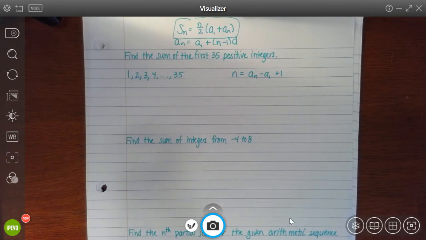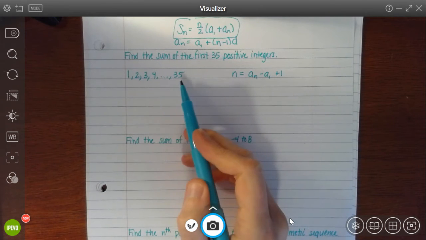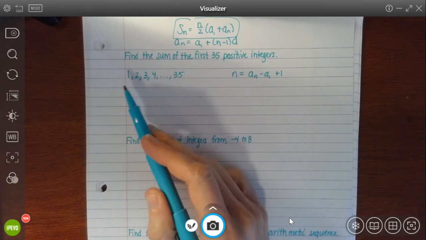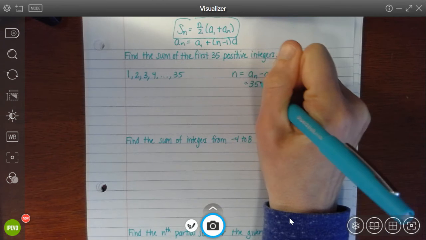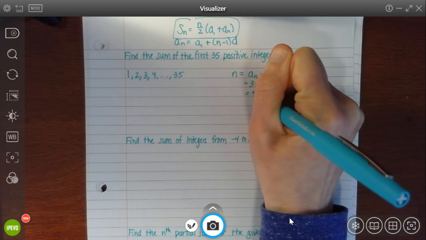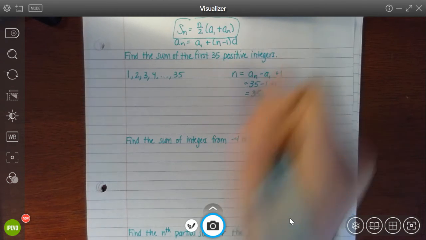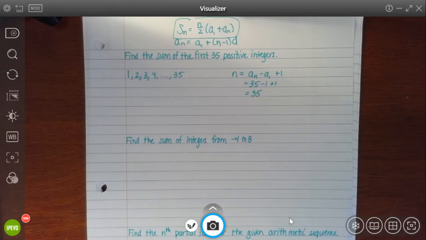So if I were to look at this problem, my ending value was 35, my starting value was 1. So I would do 35 minus 1 plus 1 and find out my number of terms here was 35. And if you think about it, that makes sense. If we're counting out the numbers from 1 to 35, we're going to count 35 of those numbers there.